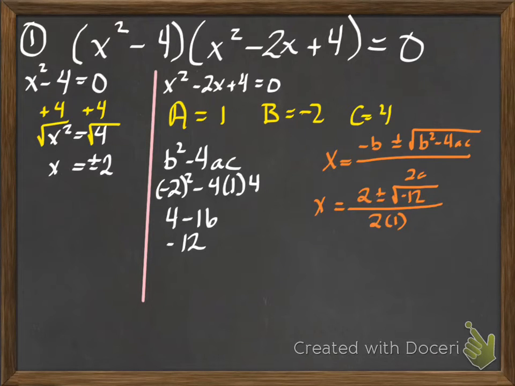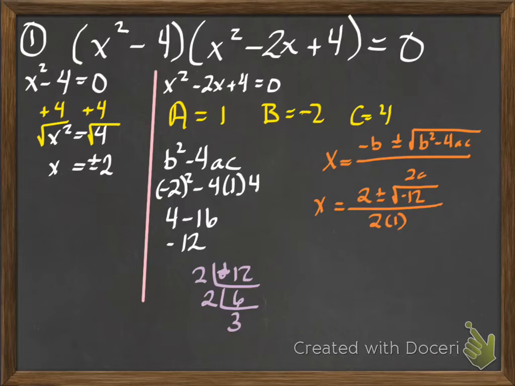So we need to do a little bit of work because we have that -12 that we need to simplify. Is there any number that will divide into it evenly? 2 will. And do we really need the negative inside of here? No, because the negative comes out as an i. So 2 will, leaving us 6, divisible by 2, which leaves us 3.